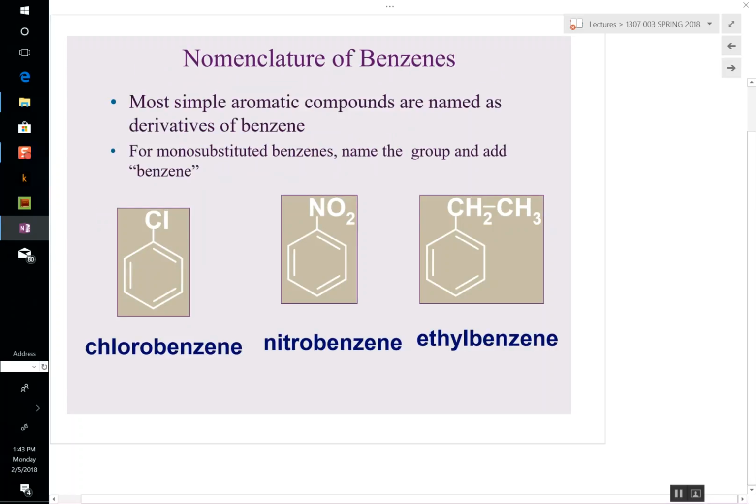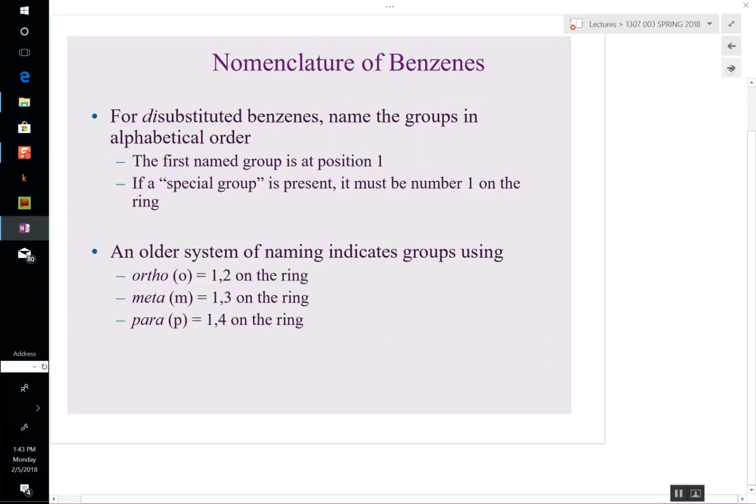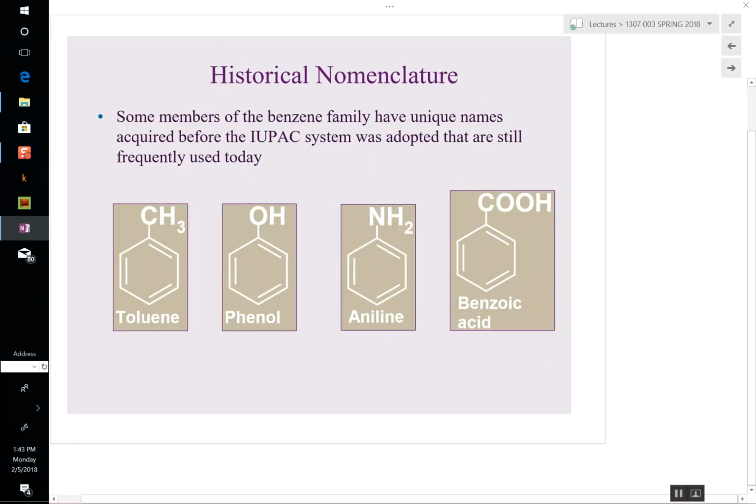Okay, so I said that was benzene. If you put a chloro group on it, you have chlorobenzene, nitrobenzene, ethylbenzene. Here's the one you do need. You're going to need 3x5 cards for all of these, but for right now, in chapter 11, this is carbon and hydrogen.